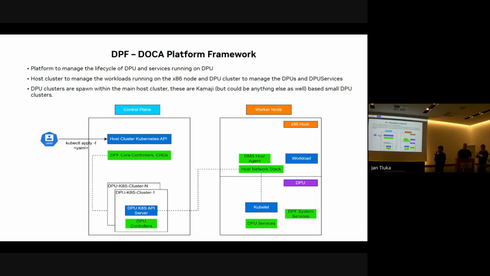So you can see DPU K8s cluster 1 up to N. Today, we support one cluster per 1K DPUs. So let's say you have a lab of 5K DPUs. You would have one main DPF cluster and 5 DPU K8s clusters, all of them managing the DPUs. This is what a typical host trusted DPF deployment looks like. Next slide, please.